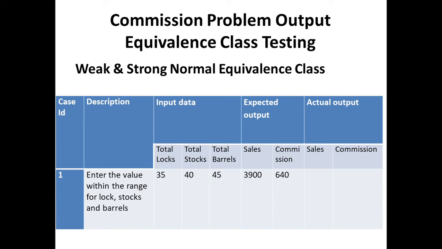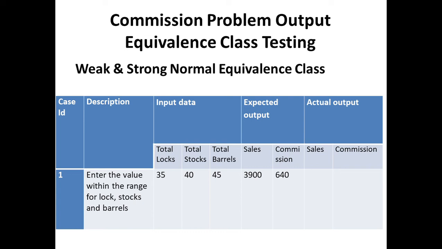In the triangle problem, there were four possible outputs, so you had to write test cases to get all possible outputs. But here we have only one possible output, that is the sales and commission you are calculating at the final.